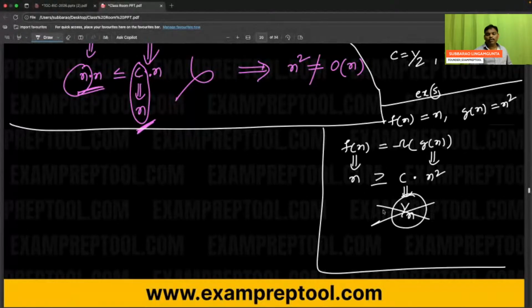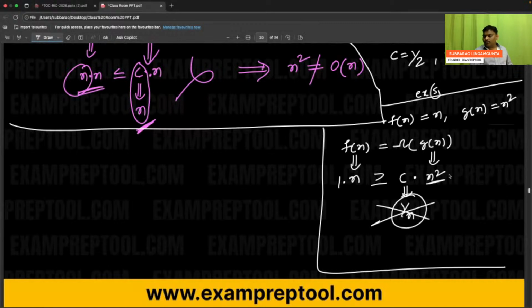But remember, left side is 1 into n, right side is n square. N square means n into n. How can you make it smaller? Left side is 1 into n, right side is n into n. You cannot make it smaller if someone is already bigger by some function. The right side is n times bigger.